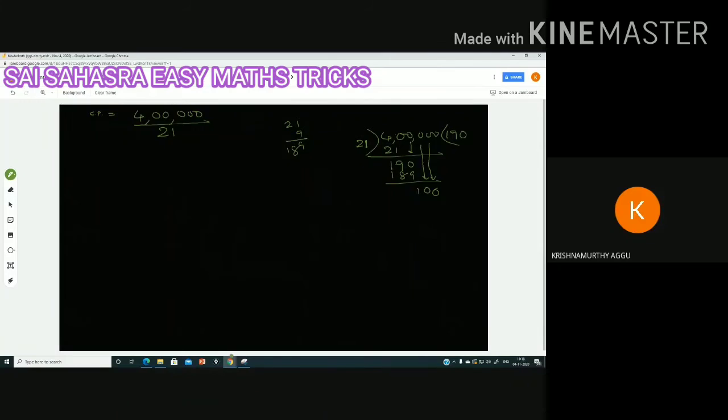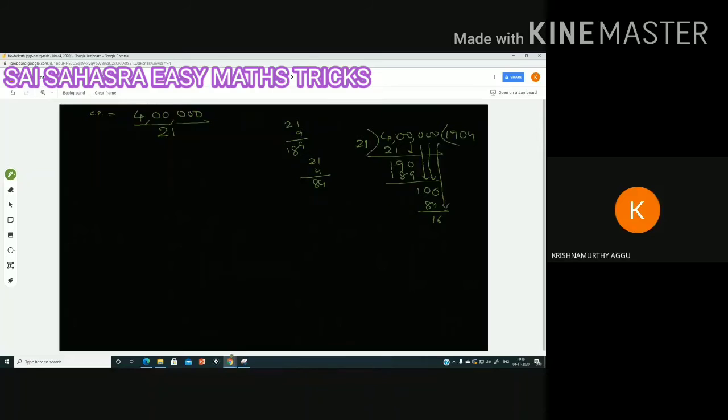So 100: 21 five times is 105, so 21 four times is 84. 100 minus 84 is 16, and 16 is not divisible by 21.